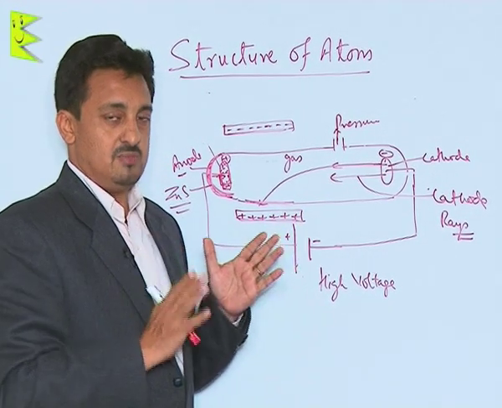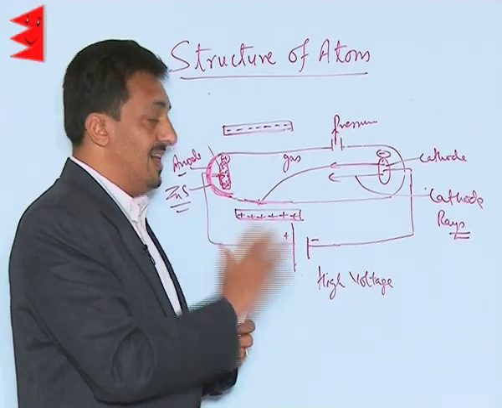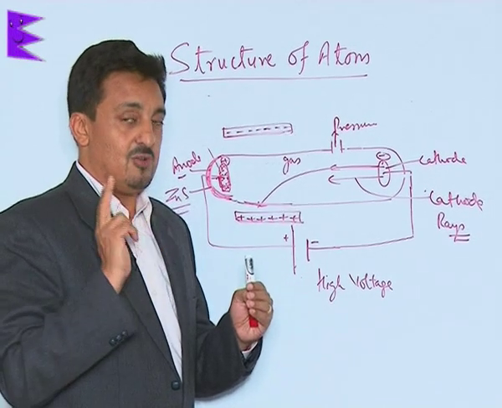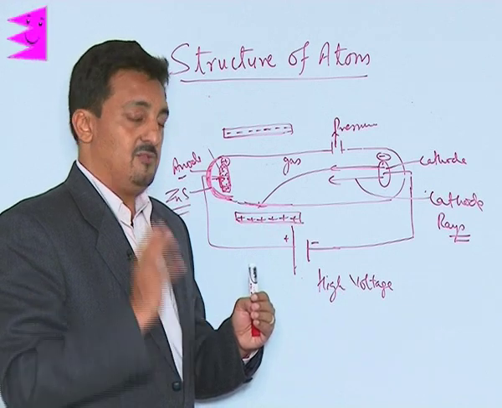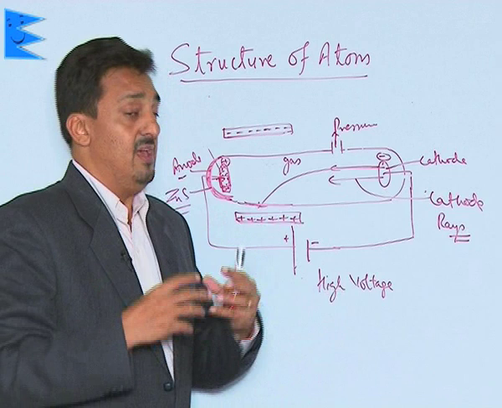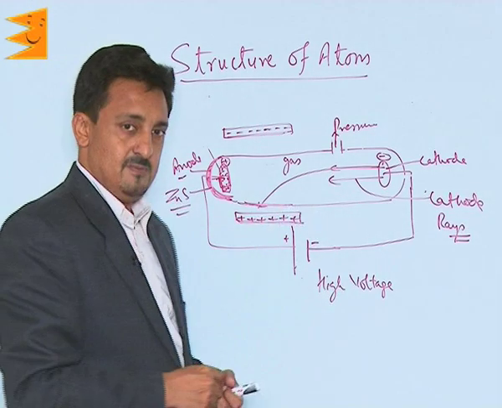So in order to sum up, you must understand that this discharge tube experiment was done in order to realize whether we can make gases conductors. And it was realized that when these gases are subjected to a very high voltage under a very low pressure, yes, they can be converted into conductors. The conduction of current is taking place.